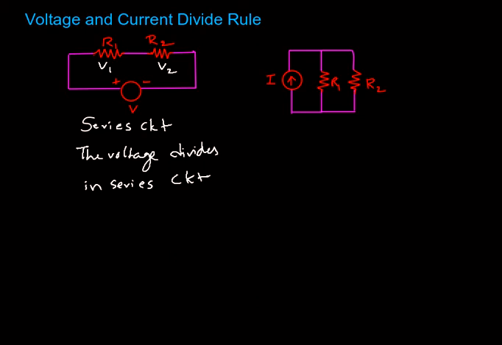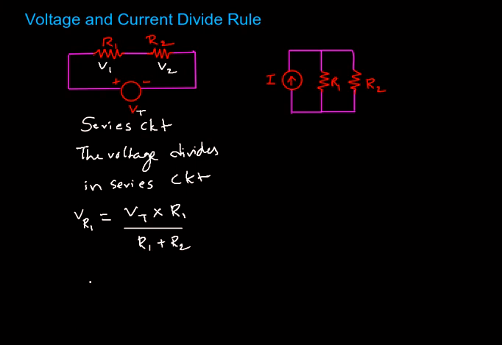Here, if you want to find V1, that means VR1, the simple rule is: consider the total voltage VT, so VT into the same resistor R1 by the total resistance, that means R1 plus R2.